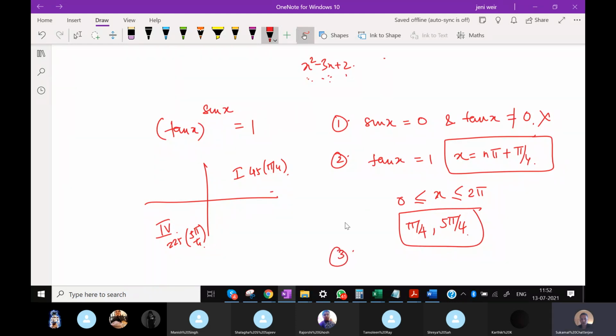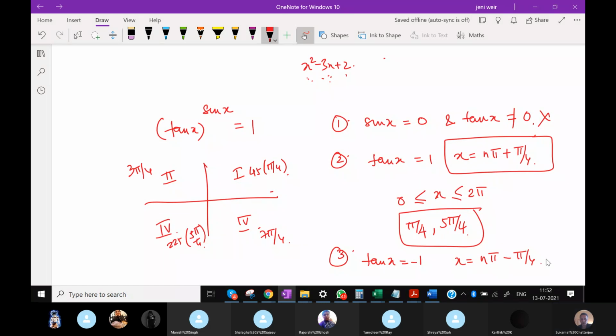And case 3 is tan x equal to -1. That means tan is negative in the second and the fourth quadrant. So tan x is -1 means this would be 135 or 3 pi by 4 and 7 pi by 4. Right? So that means x would be n pi minus pi by 4.